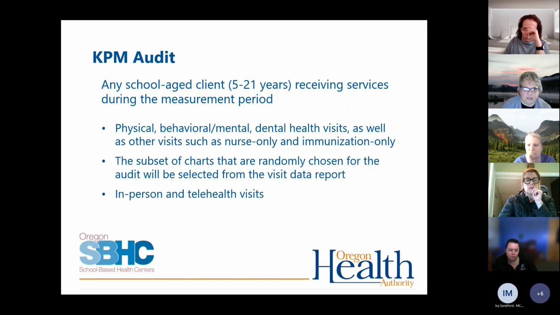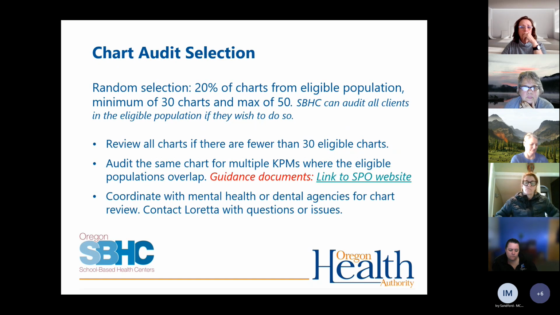I can help folks with that if they need my assistance. And it includes telehealth visits. So clients that have telehealth visits, we need those to be included as well for the chart audit. Okay, so like I said, 20%, minimum of 30, max of 50.